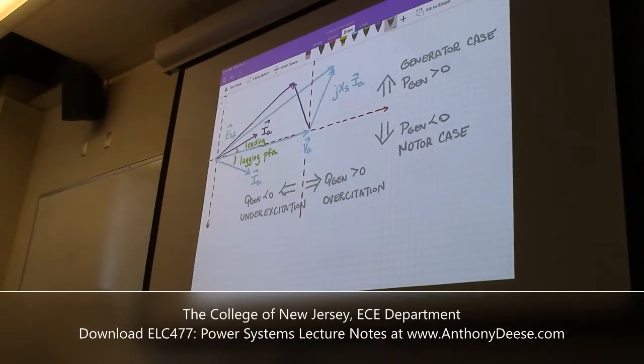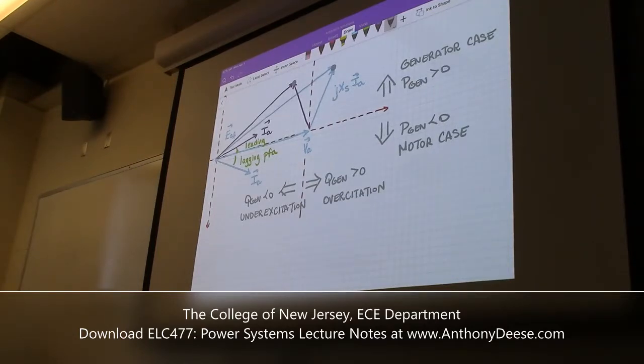Do we know whether or not Pgen is greater or less than 0? Say it again. The Pgen, where, so essentially what you're looking at is this point. This is always the point that you're looking for. Where does this point fall? If it falls above the x-axis, it's gen. If it falls below the x-axis, it's motor.